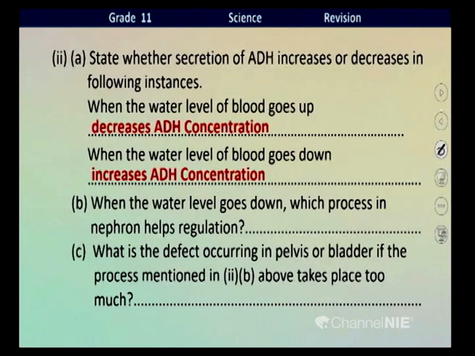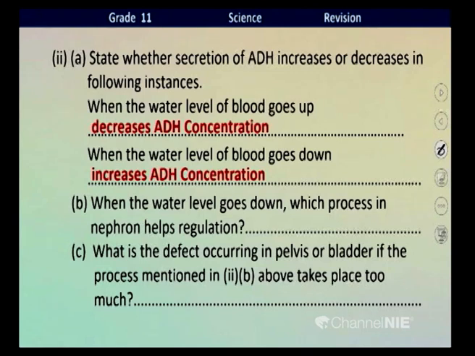When the ADH level in blood increases, it gives a message to the nephrons in the kidneys to increase reabsorption. Selective reabsorption volume is increased due to this. Then urine output decreases and thereby the body tries to retain more water.